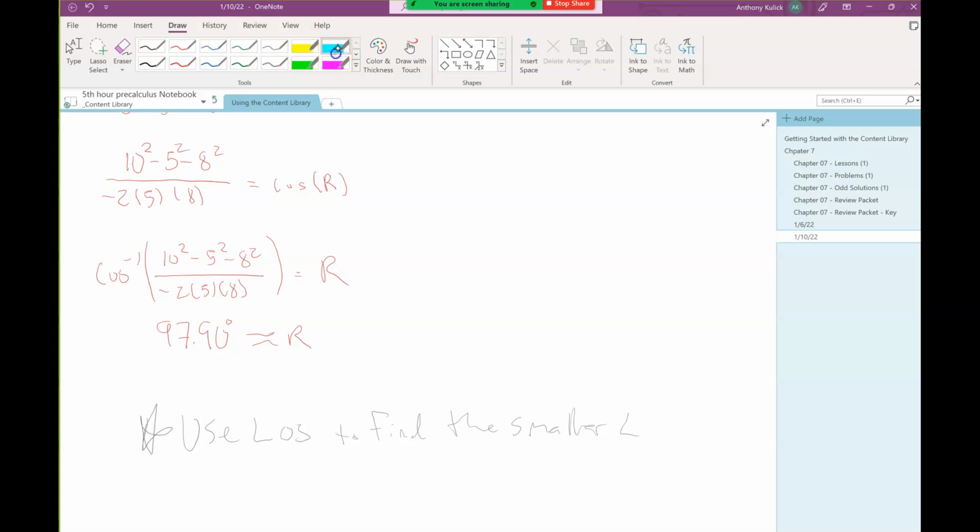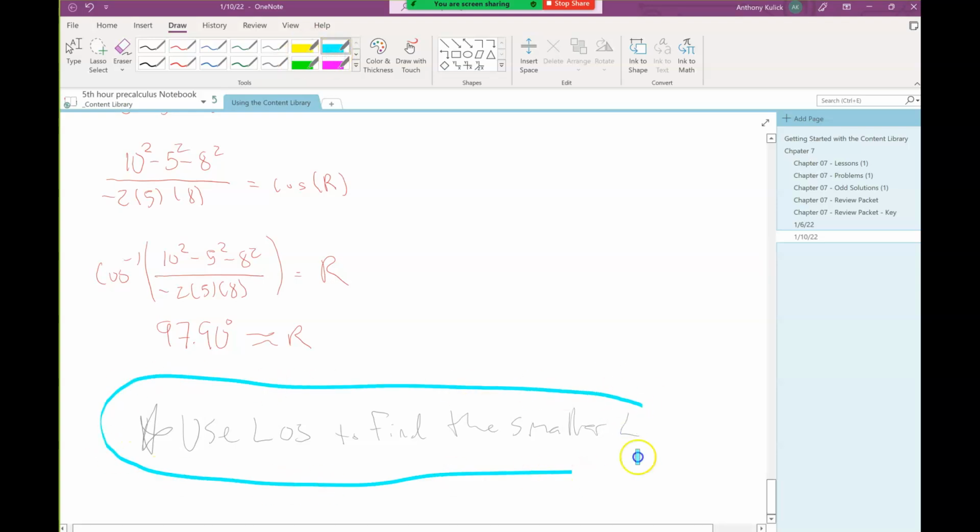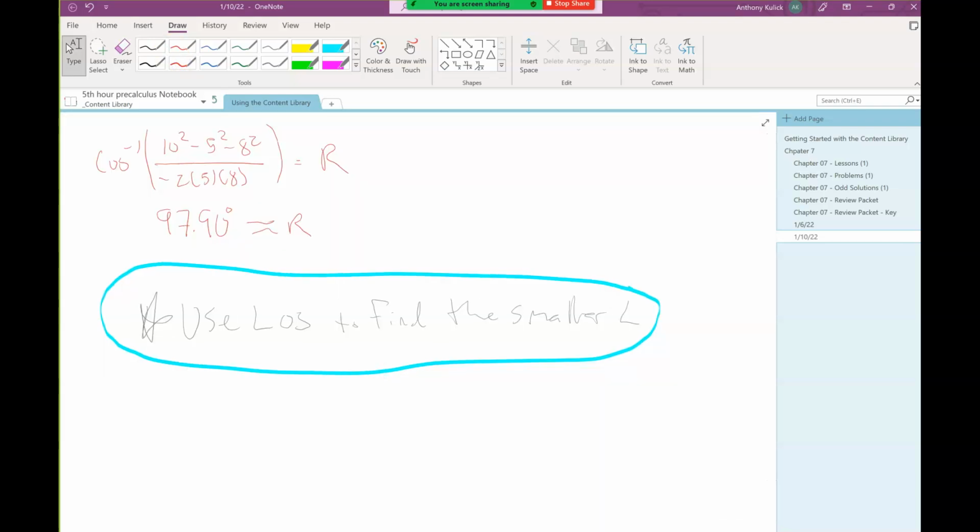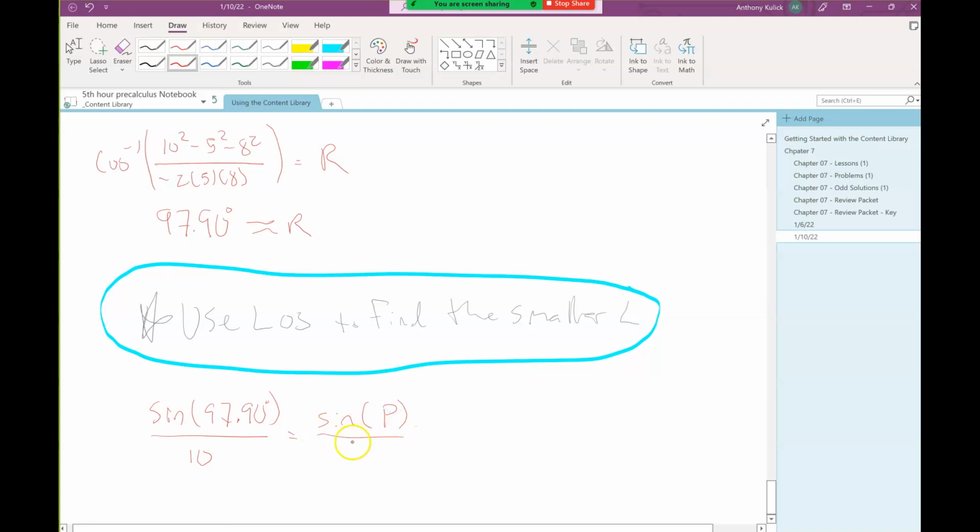Remember, whenever we use the law of sines, we're going to find the smaller angle. Law of cosines will find the bigger angle. So that's P. So I'm going to write sine of R, well, angle R, over R is equal to sine of P over P.